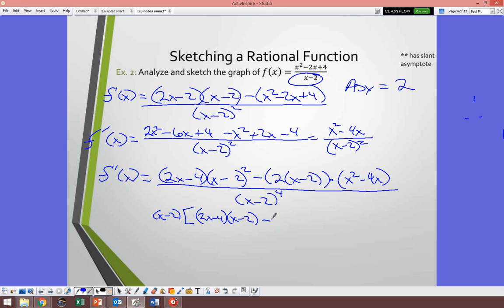Minus. So if I took that out, 2x, minus 8x, so minus 2x squared, plus 8x, because I'm distributing this into that one over there, because I factored out this one. And all this is going to be over my (x minus 2) to the 4th power.